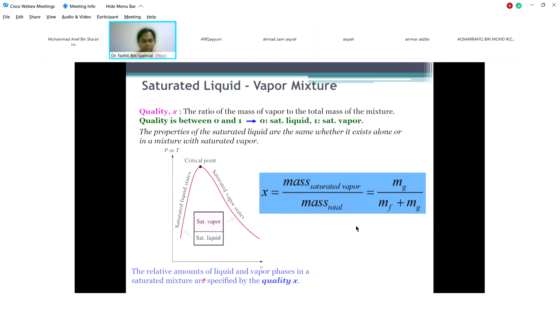The relative amount, or the ratio of the amount of mass of liquid and vapor phase. That is quality.